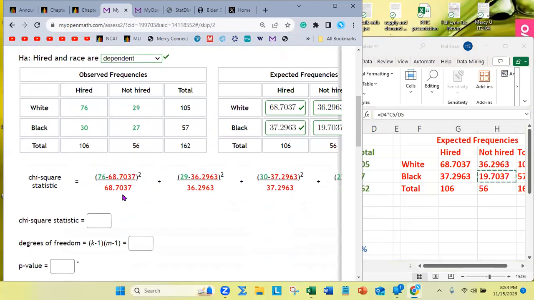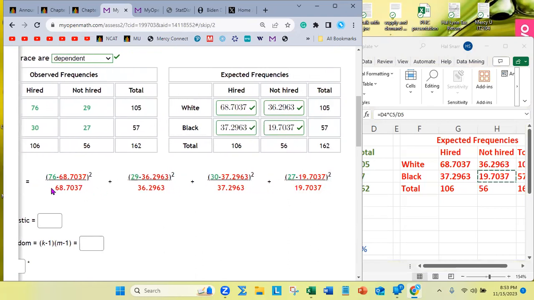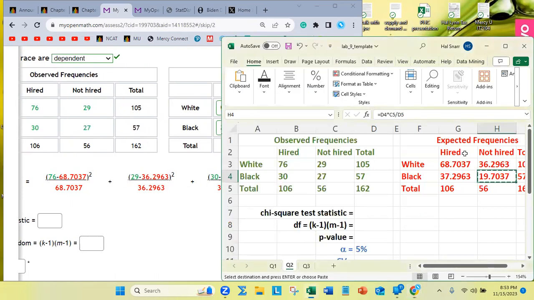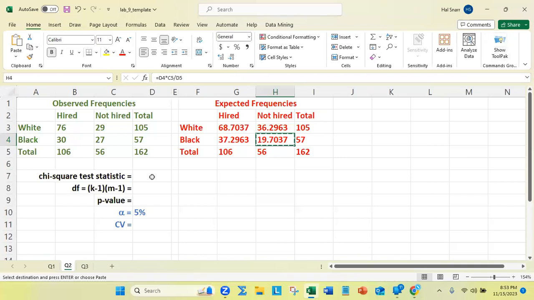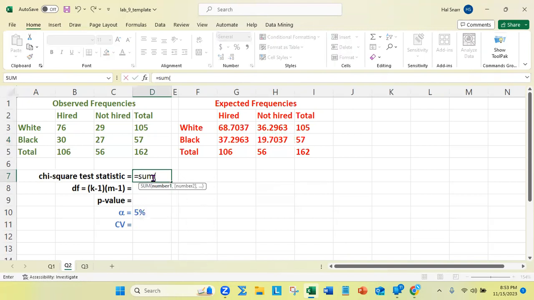So now we're going to calculate the chi-square statistic in Excel, right? What I'm going to do is, instead of copying this or doing this by hand, I'm going to do it over here in Excel. So let's do the chi-square statistic right here. This right here is going to be the sum. I'll type this right now. Sum of these 4 values. I haven't done them yet, but I'm going to get there, right?